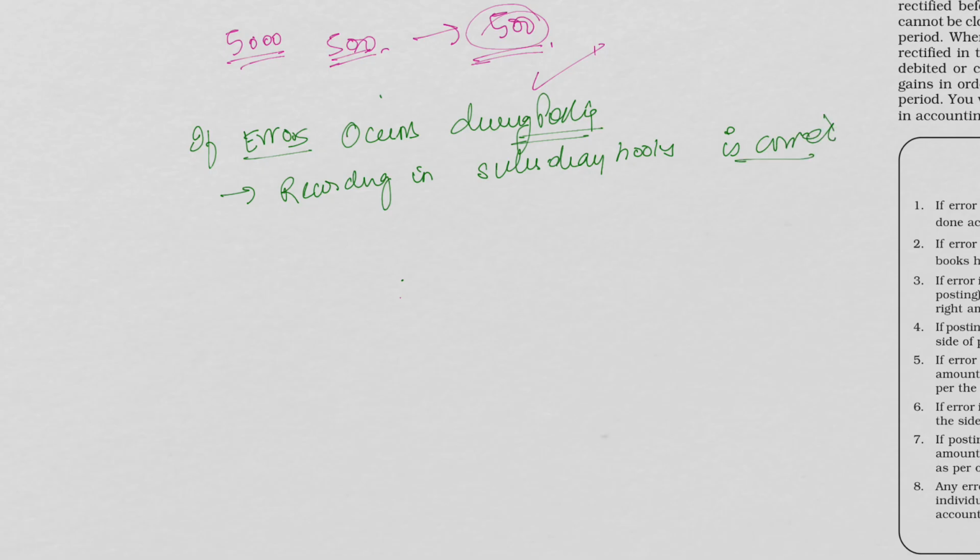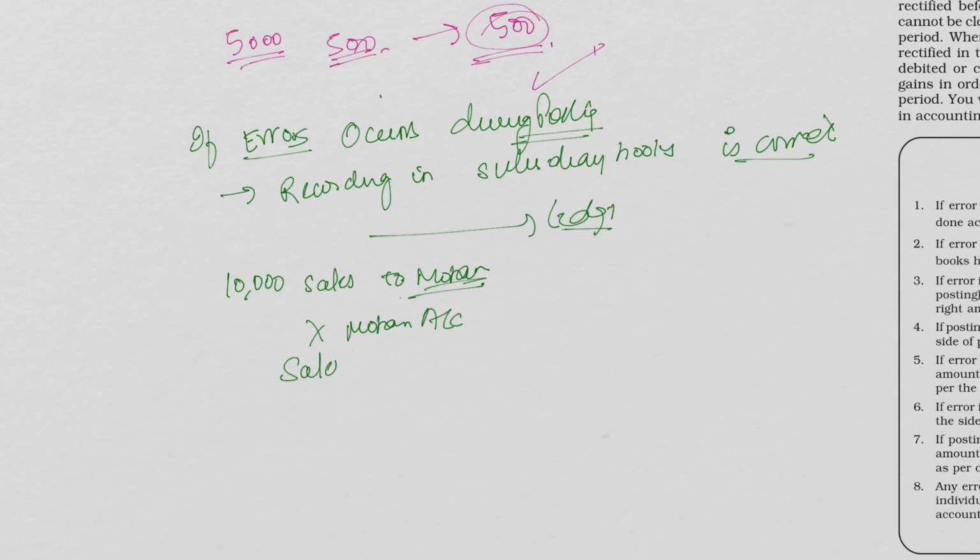So posting means transferring the entries from the books of original entry to the ledger. For example, sales book has been correctly recorded as 10,000 sales to Mohan. But while posting to the ledger, the accountant forgot to debit Mohan account. So here the sales book is correct, only the posting is wrong. So while rectifying, we'll assume that the original record was correct.